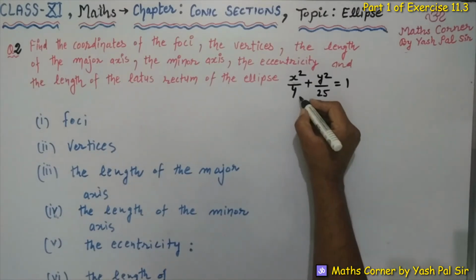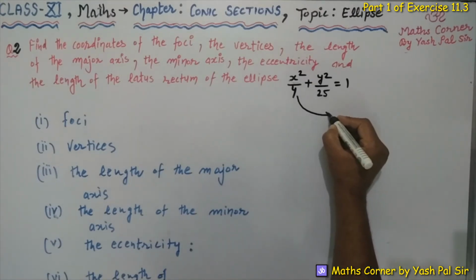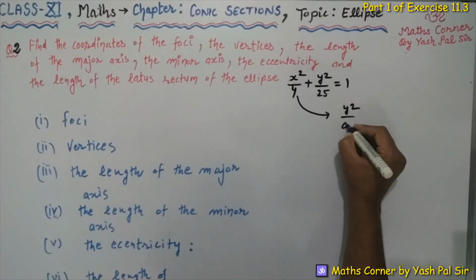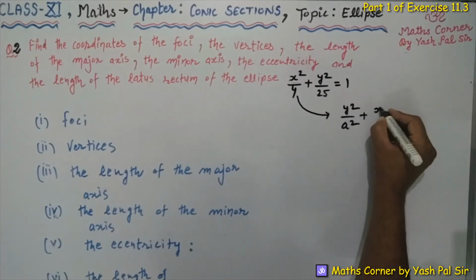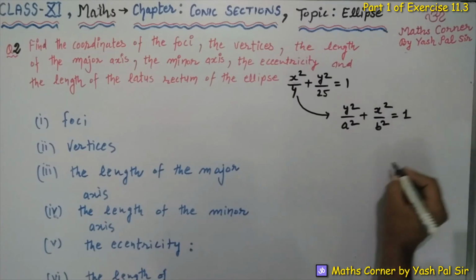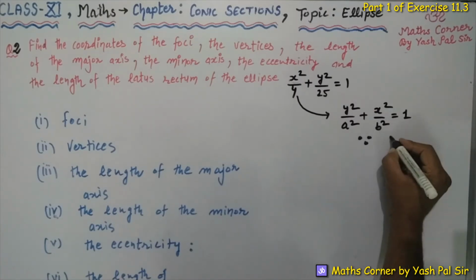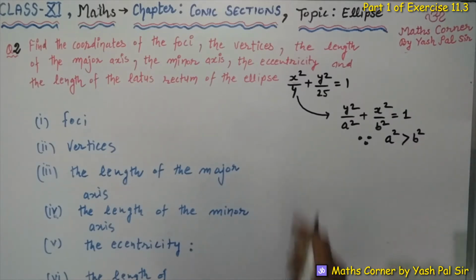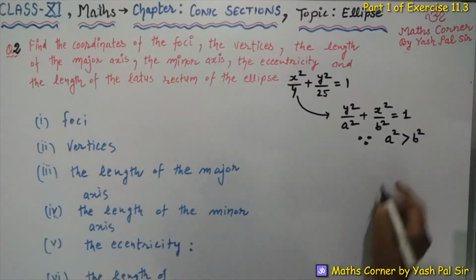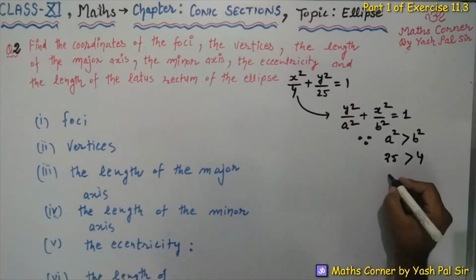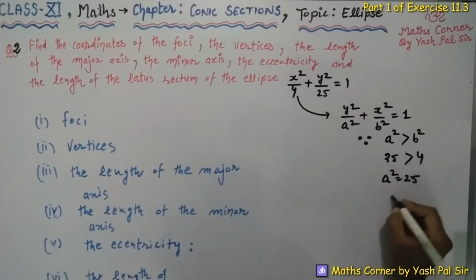So what we see here, this is of the form y square upon a square plus x square upon b square is equal to 1, because we know that a square is always greater than b square in case of ellipse. 25 is greater than 4. So a square is equal to 25.